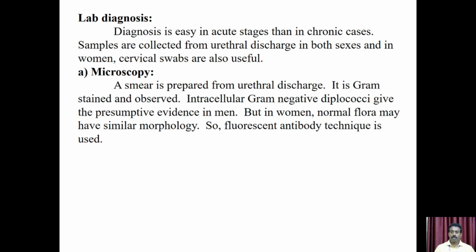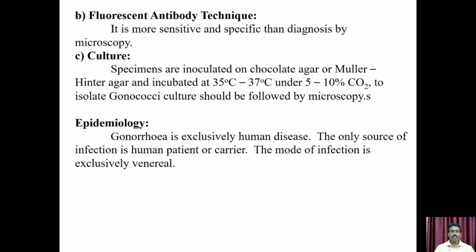Intracellular gram-negative diplococci give presumptive evidence in men. But in women, normal flora may have a similar morphology, so the fluorescent antibody technique is used. The fluorescent antibody technique is more sensitive and specific than diagnosis by microscopy.